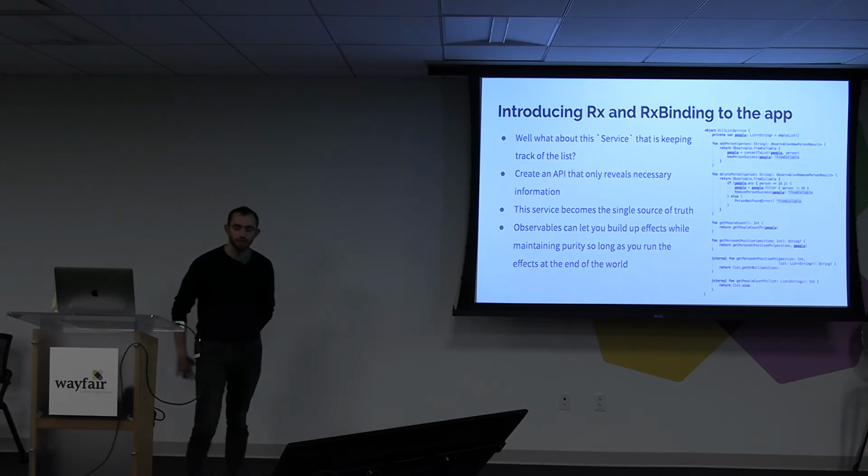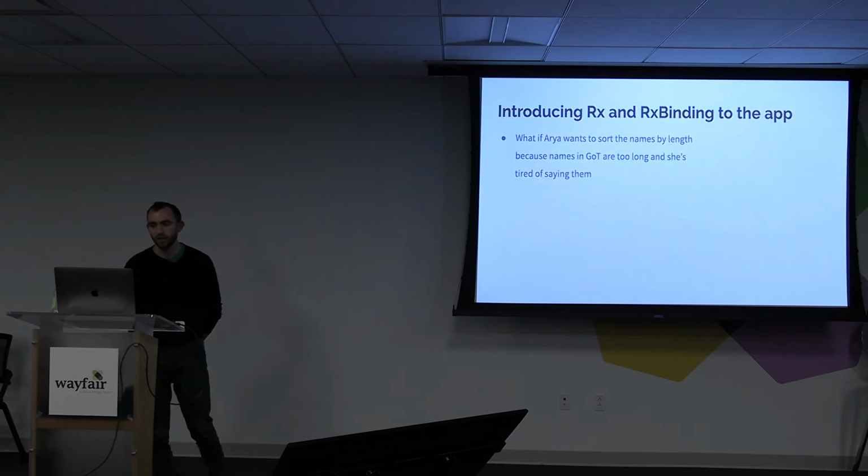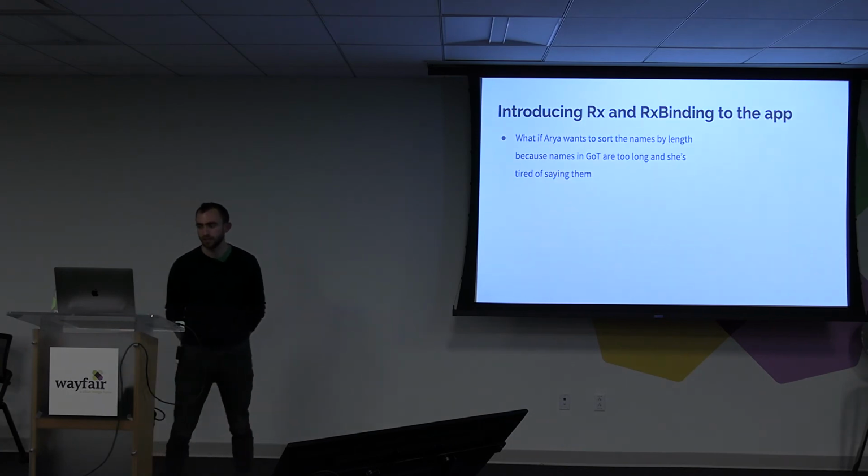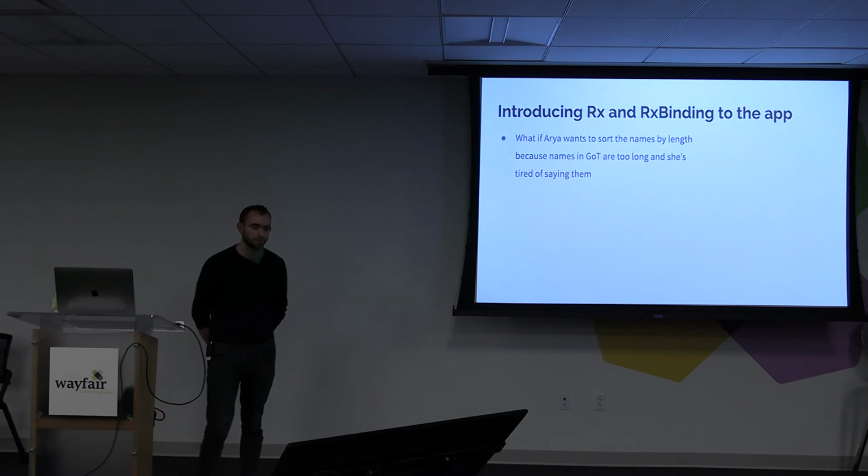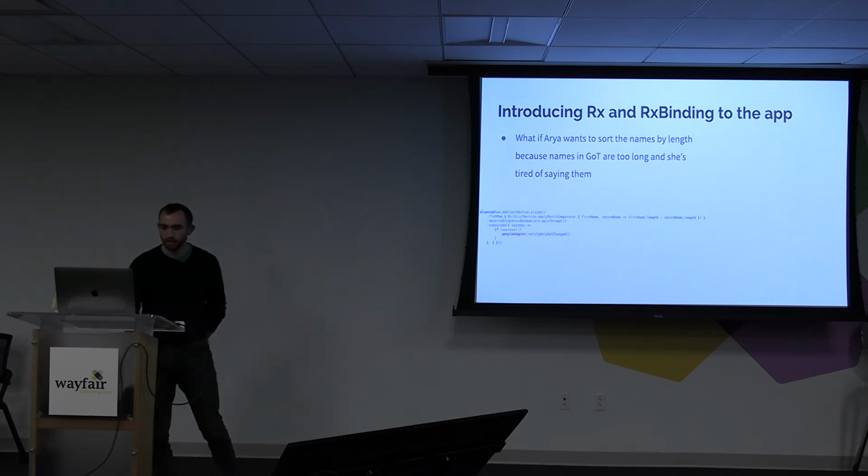So if we want to update this, if Arya is tired of saying the exhaustingly long names that are Game of Thrones characters, and she wants to, let's say, sort them so that the longest names are at the top, we can add a sort button to our activity.